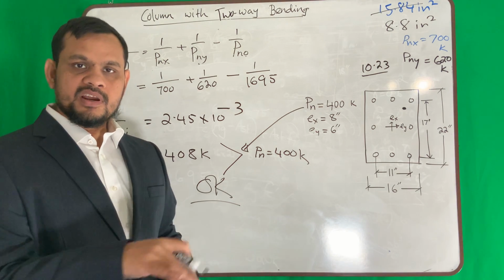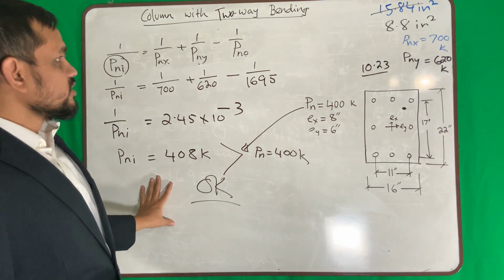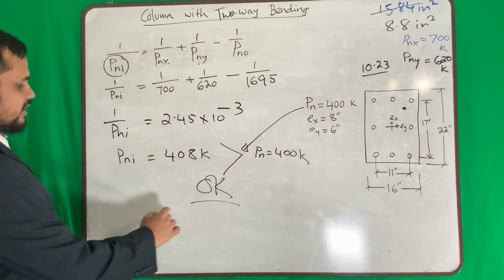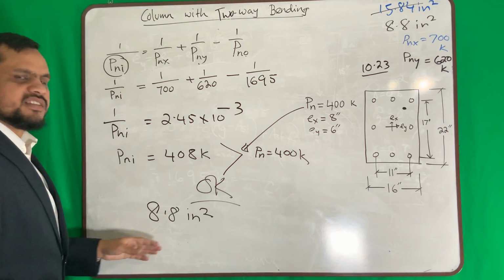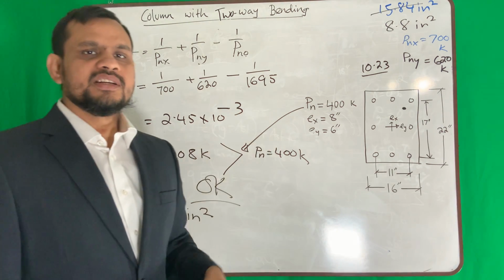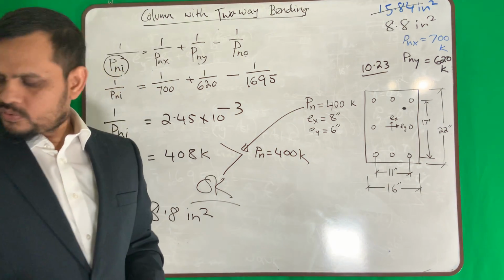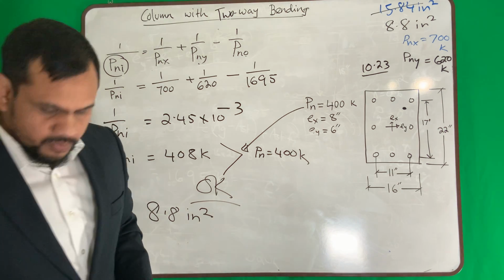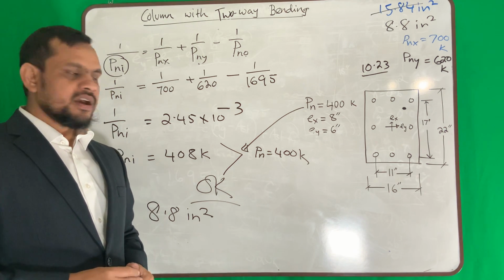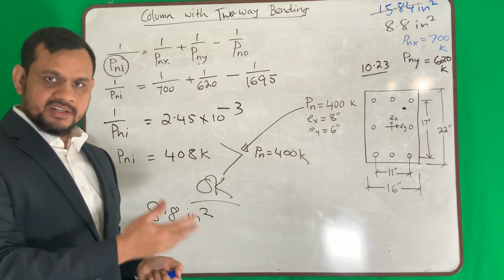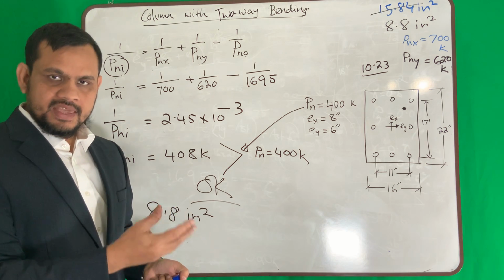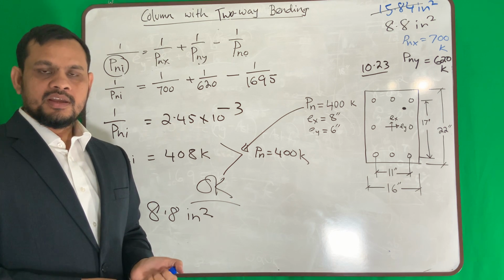You saw how much hard work we did. So finally our reinforcement is 8.8 inch square. Then select bar and do the detailing. I will not go there to save time. So hopefully you understood. And in your book there are more practice problems or examples, you can work there. Thank you.